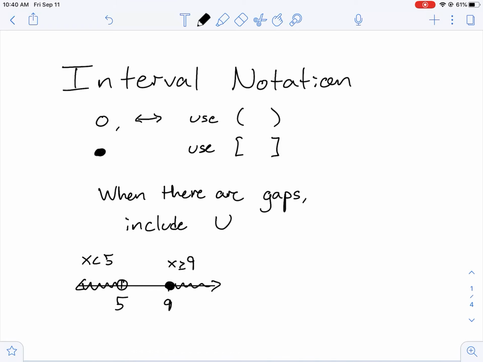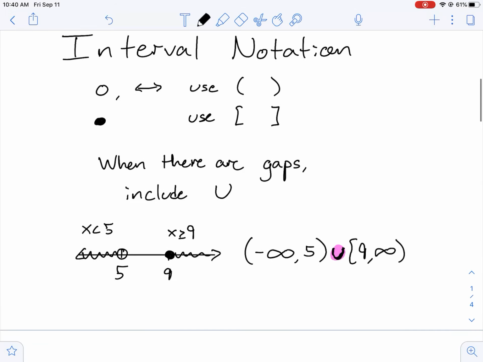My interval notation for this is negative infinity to 5, and then 9 to positive infinity. Because there's a gap, I'm going to use this union symbol to show there's a little gap space in between those two.